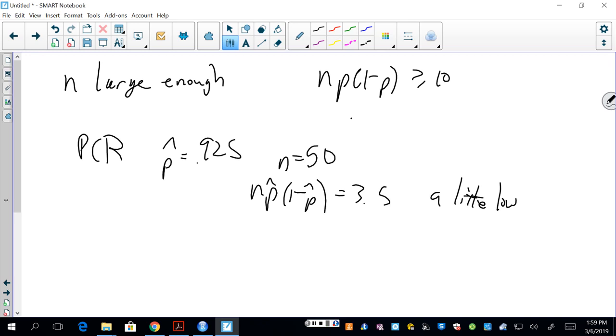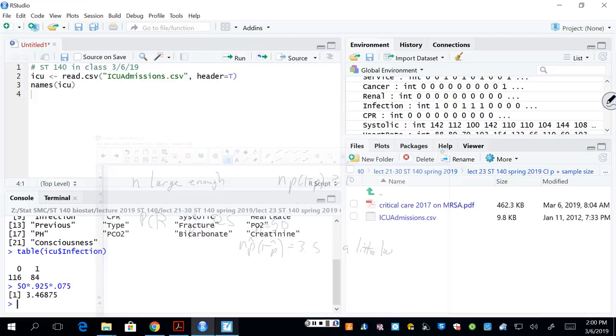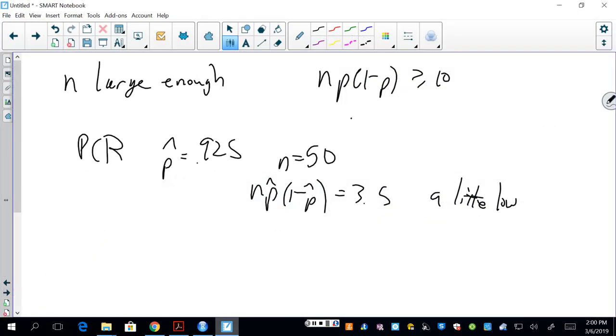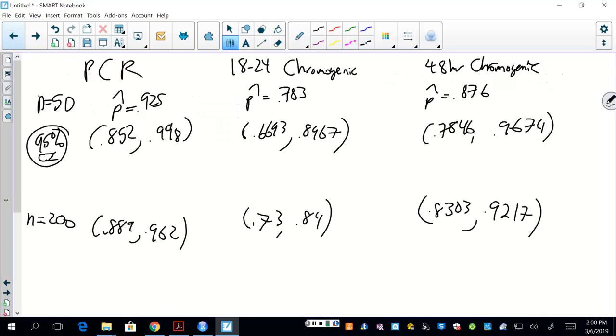That would suggest that the intervals we made for the PCR with that kind of normality might not be too accurate. Maybe it should be a little wider or narrower, so the coverage is a little less precise. There's something wrong with doing that procedure, but it'd be better with 200 to use the normal approximation.